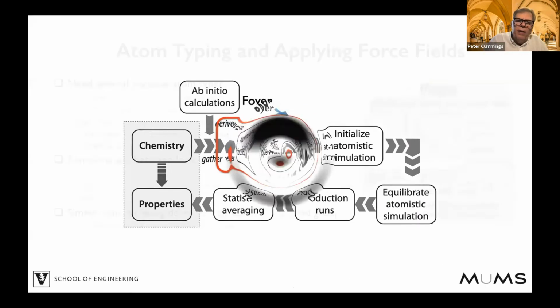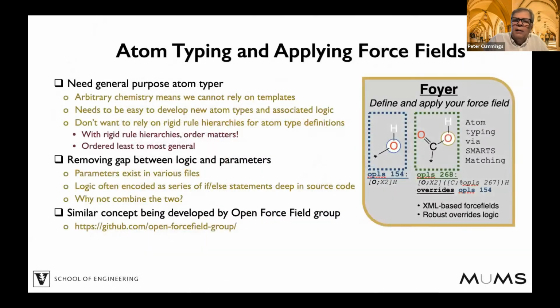FOIA is our atom typer, a general purpose atom typer. What we want to be able to do is apply force fields in such a way that they are applied with all the right parameters. As I said, the number of parameters in a force field for a complicated molecular system can be of order 100 or more.